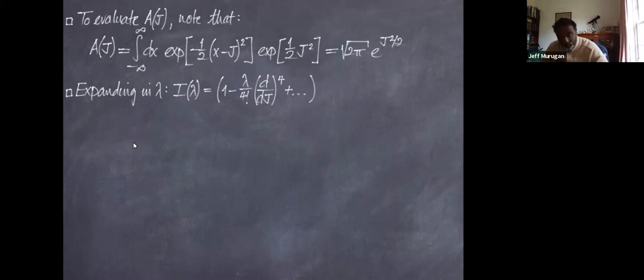That's the expansion of the exponential, acting on A of J. And then remember, at the end of the day, I want to set J equal to 0 in order to touch base with the integral that we want.